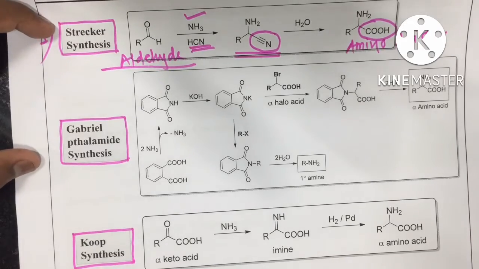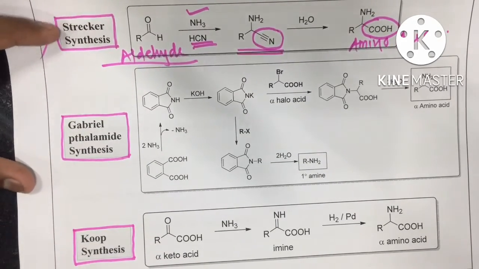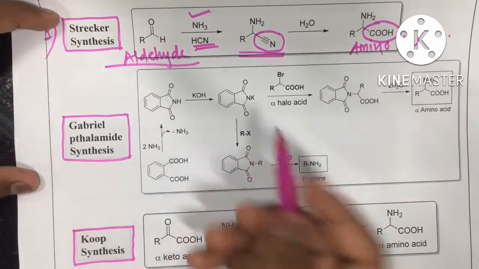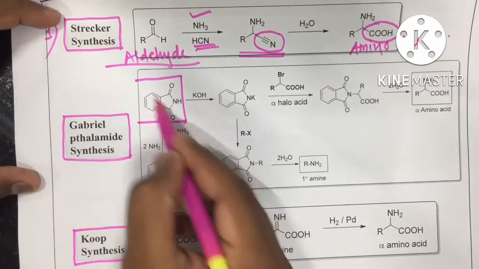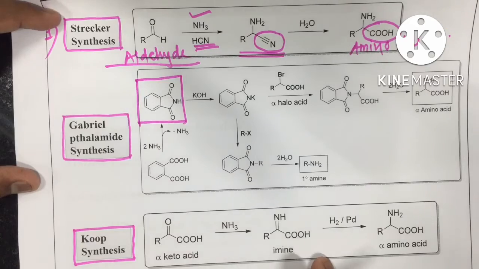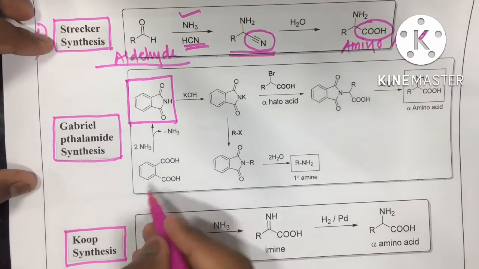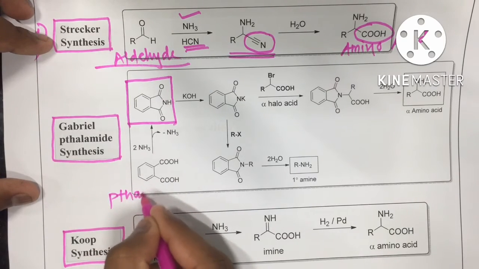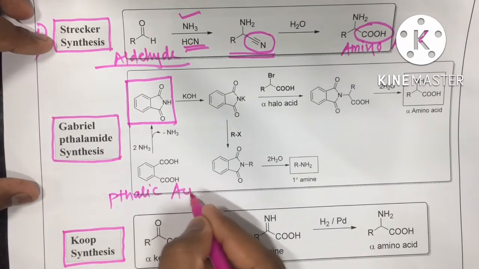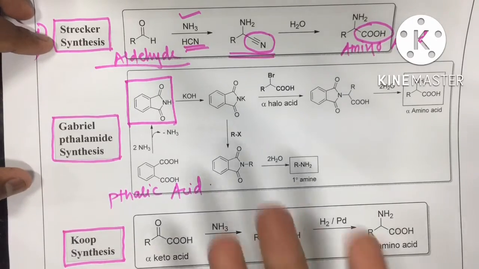In the Gabriel phthalimide synthesis, we firstly start with the phthalimide. What is the structure of phthalimide? That is the structure of phthalimide. It is generated from phthalic acid, and phthalic acid gets converted into phthalimide.